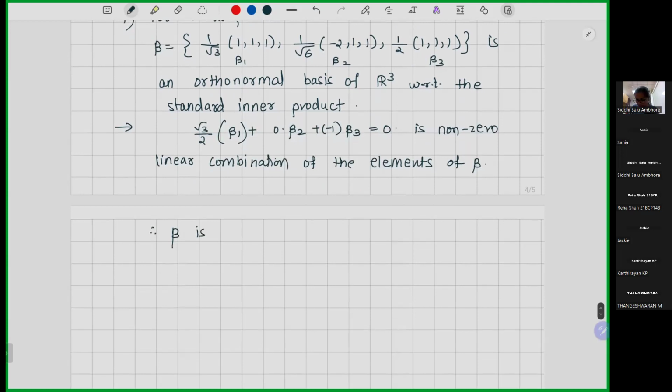Therefore beta is not a linearly independent set.